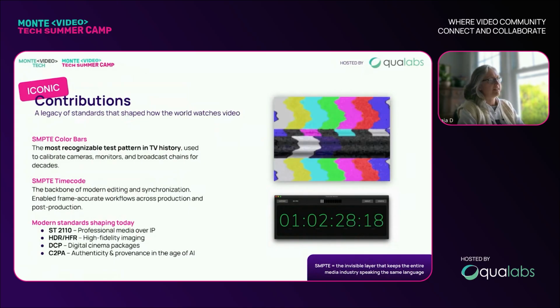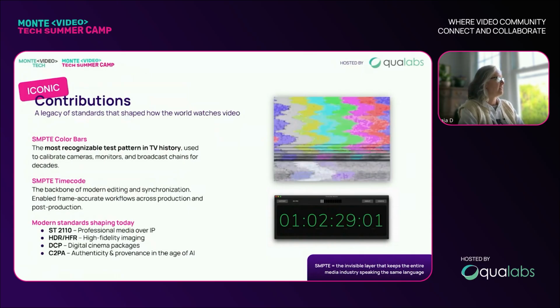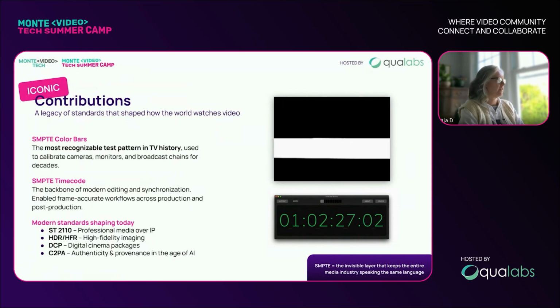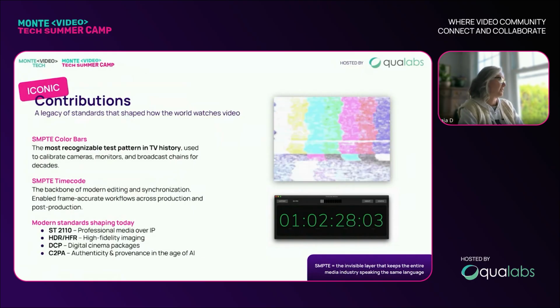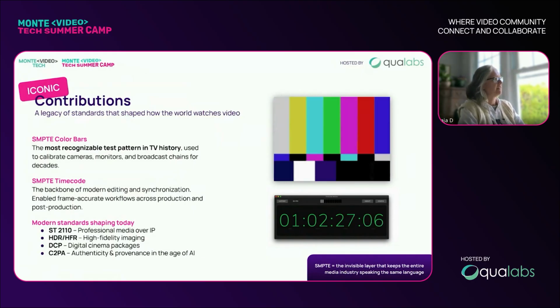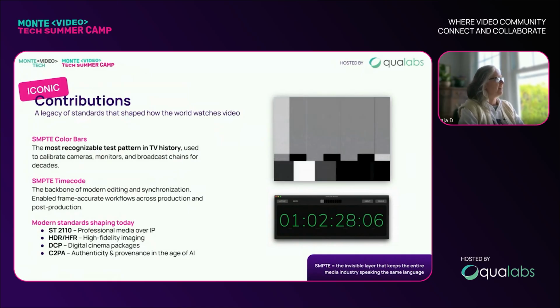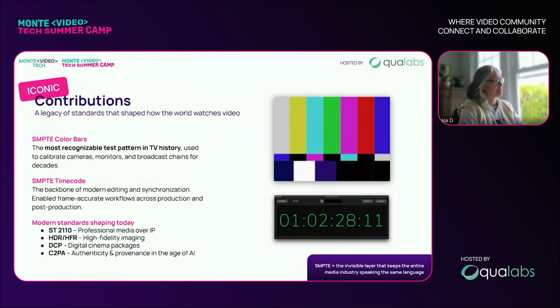Also, our director of standards, Thomas Bausa-Mason, is here. They are working on content provenance and authenticity, including potentially building some AI standards for the future. And it's 110 years next year, so we are preparing a big campaign. Stay tuned.